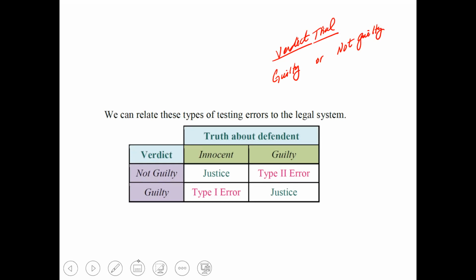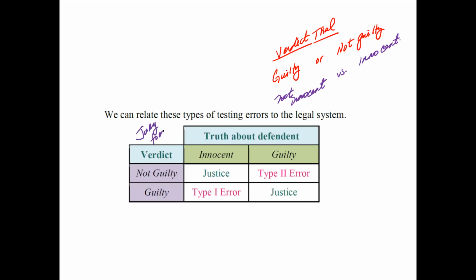If you are guilty, that means you're not innocent, versus not guilty, which means you are innocent. Okay. Now, here's the truth about the defendant.